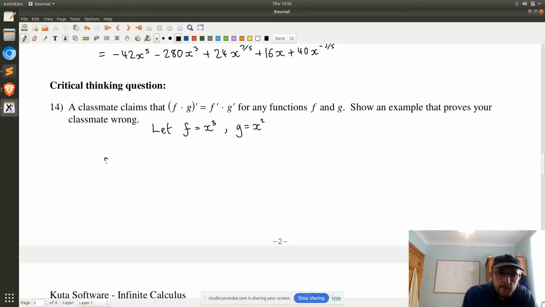Okay. The prime of x to the 5 is 5x to the 4. That's the left side. And now we shall consider the right side.